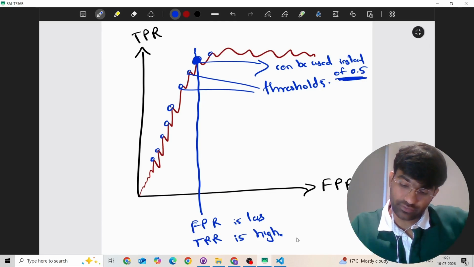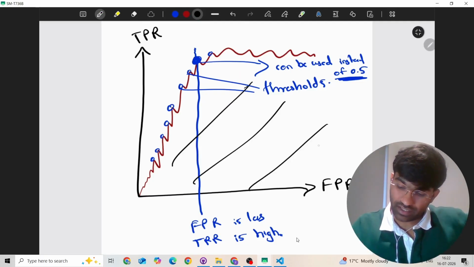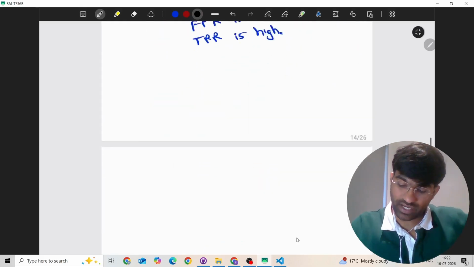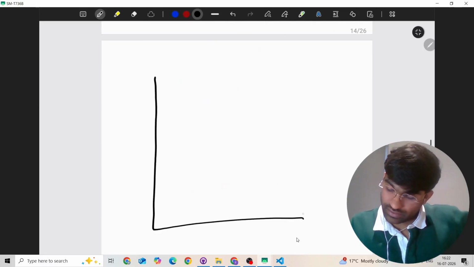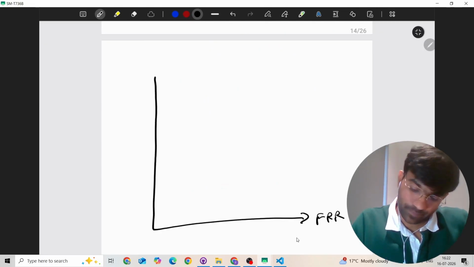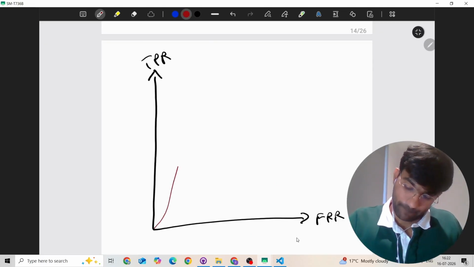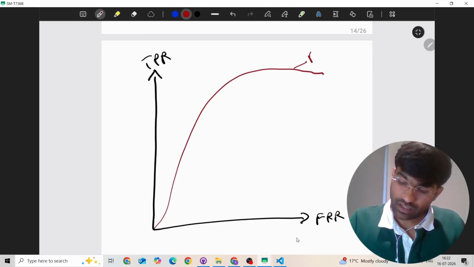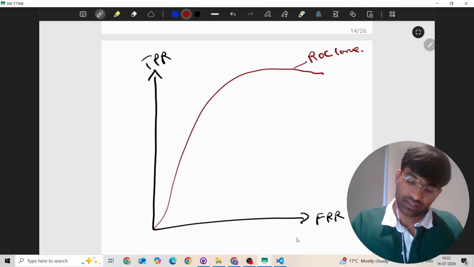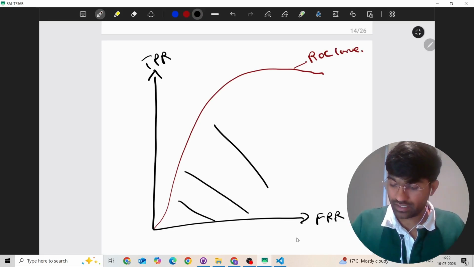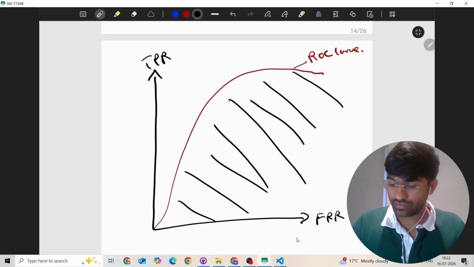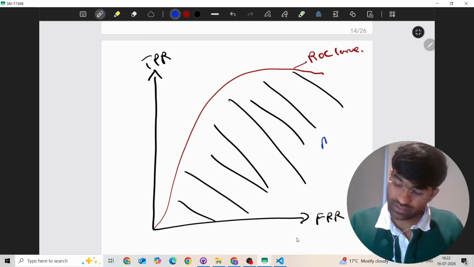So what is AUC then? The complete area under this ROC curve. I will draw one more diagram, sorry for that. FPR, TPR, ROC curve, and the complete area under this curve is known as AUC, area under curve.